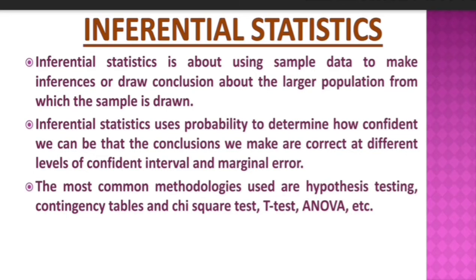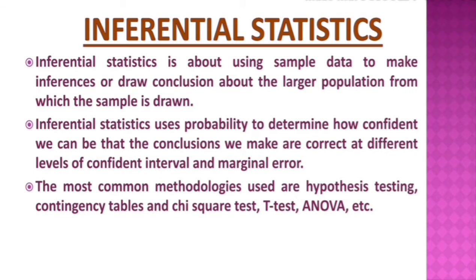Similarly, at the 0.01 level we are 99% correct and 1% wrong in making conclusions about the population. Point number 3, the most common methodologies used are hypothesis testing, contingency table and chi-square test, t-test, ANOVA, etc. These are examples of inferential statistics.